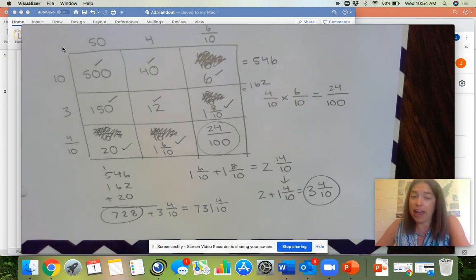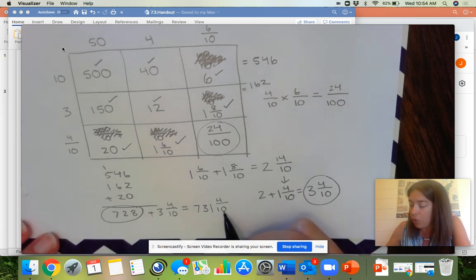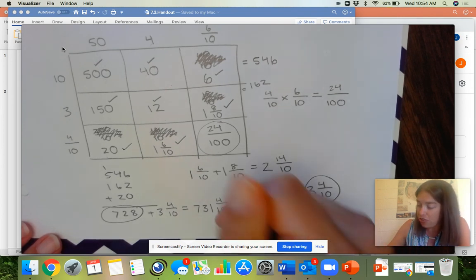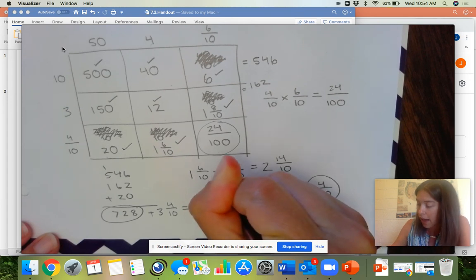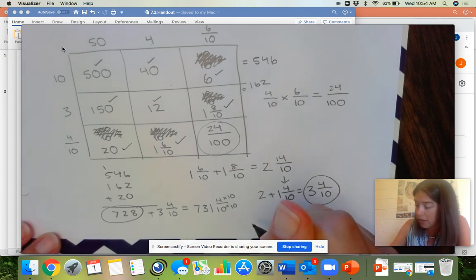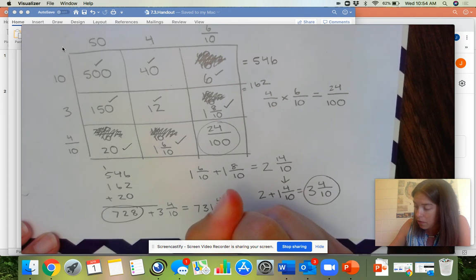Okay, before I can add, I know I need to have a common denominator. I need to turn my 4 tenths into hundredths so I can add. By multiplying each by 10, I can get 40 hundredths.